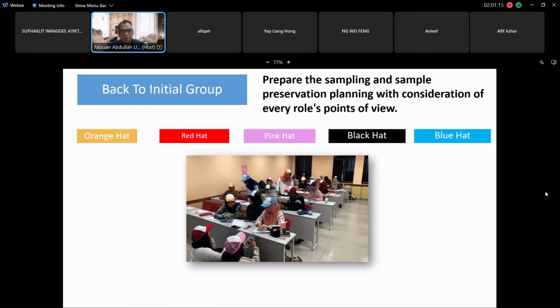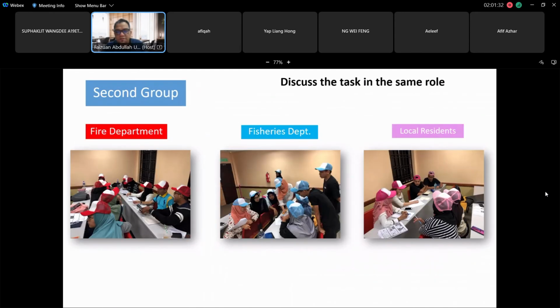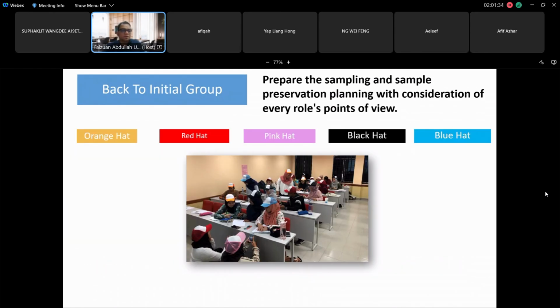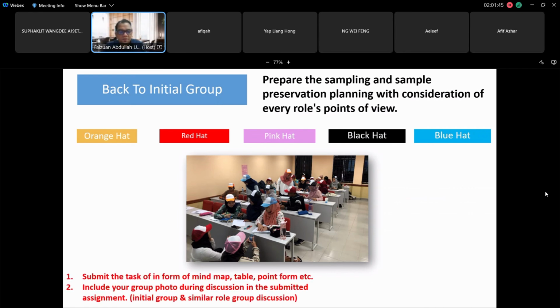According to what you have prepared based on the role, that similar role from all groups, you need to discuss. This is what has been discussed. As the black hat, for example, the Department of Chemistry officer, I think this sample should be taken, and this is the sample preservation that we need to do, and so on. After your discussion between all roles in the group, you come up with a mind map, a table, or you can do a video, which is better.